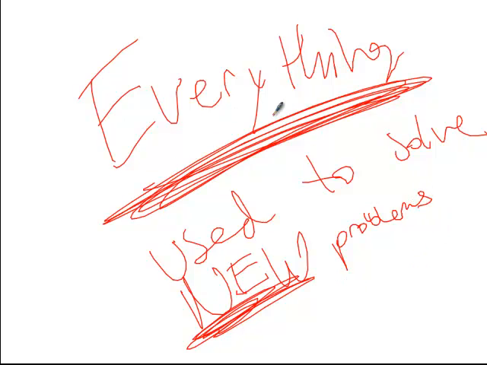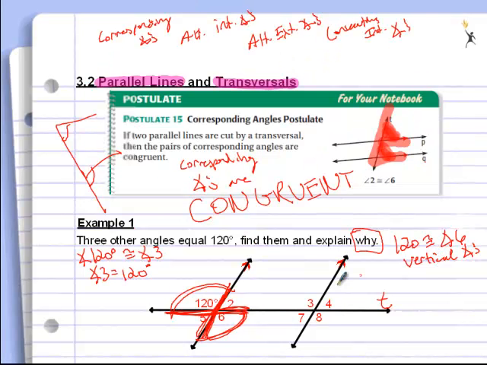Everything that we've gone over so far, and everything that we are going over, you will have to use to solve newer problems. You have to go back into your memory bank and remember what vertical angles are. Vertical angles are two angles whose sides form opposite rays. Or if you can just remember that they're opposite angles, and opposite angles are congruent.